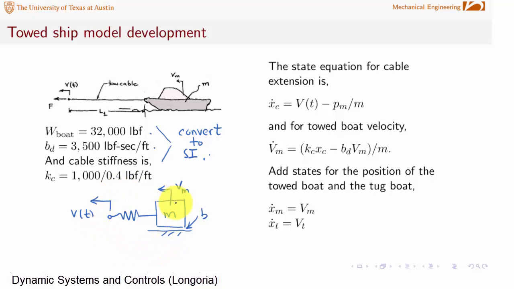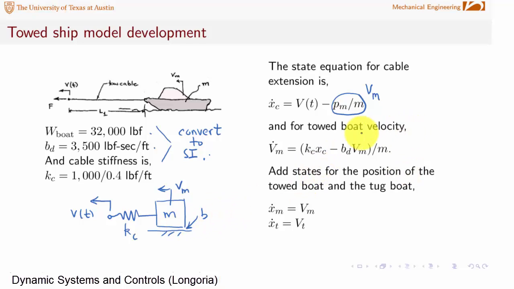Thinking of the problem in this way, and this is linear spring force here, we want to know the extension of this cable, so we have a state equation for that, which is v of t minus, and this term here is just Vm. I expect as I'm going through here, you will for yourself derive these equations using basic Kirchhoff type approaches, right?